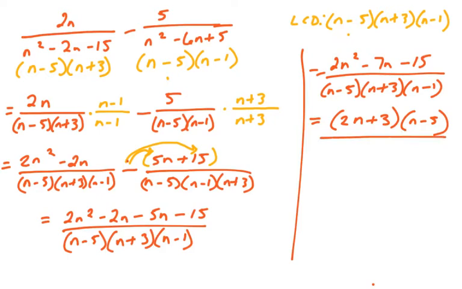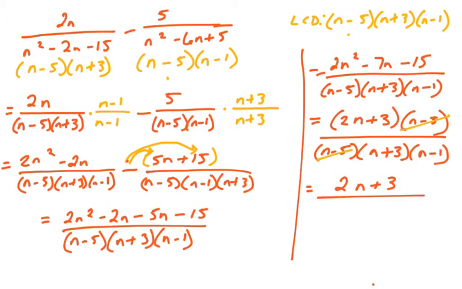And then again, we have all this denominator of n minus 5, n plus 3, and n minus 1. Then we notice that the numerator and denominator both have an n minus 5, which cancels, and we're left with a final answer of 2n plus 3 divided by n plus 3 and n minus 1.